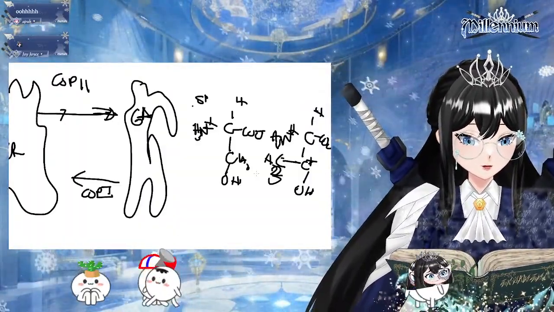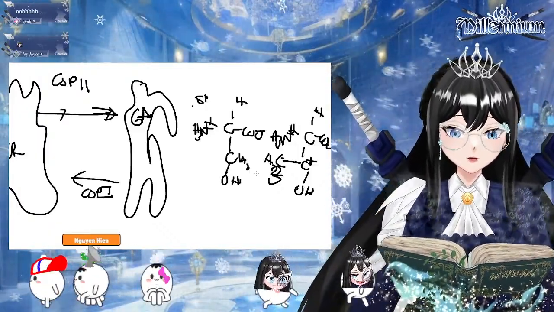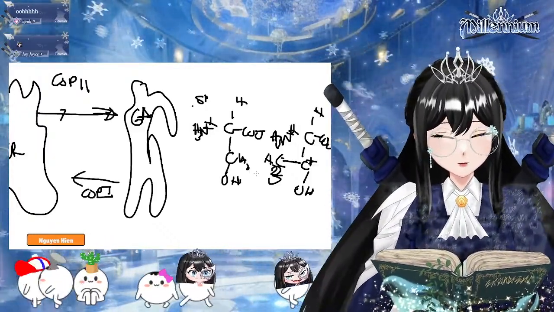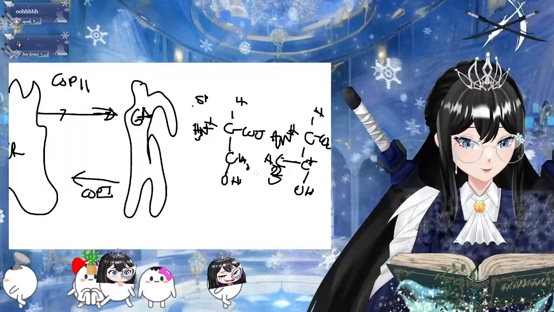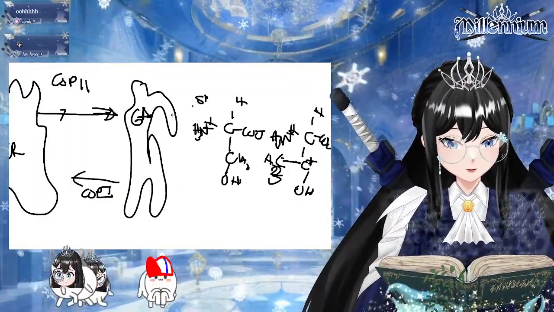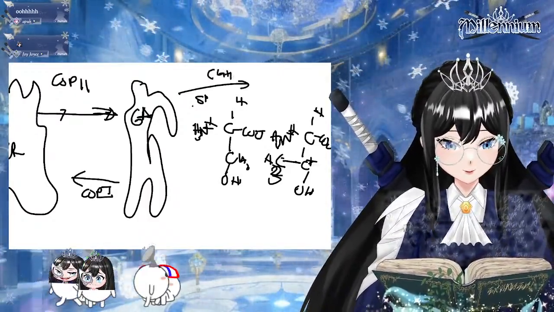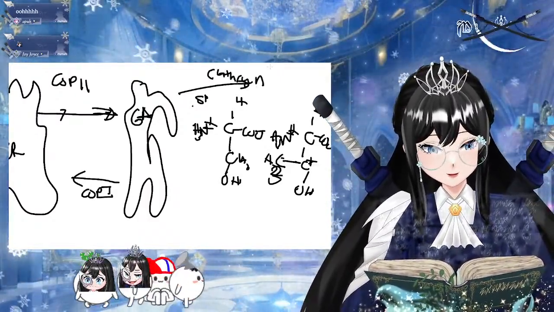ER to Golgi, COPII, intra-Golgi, and also going back to the ER, that is COPI. And if it is going from Golgi onward, that is clathrin. That's where clathrin comes in.